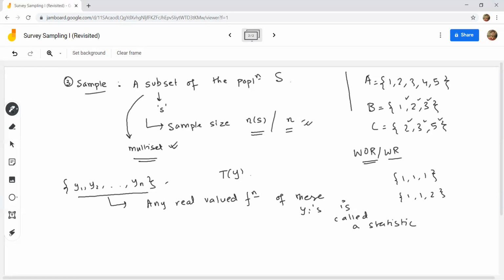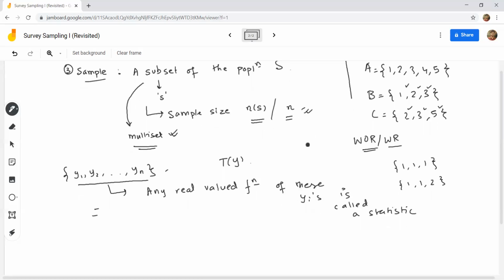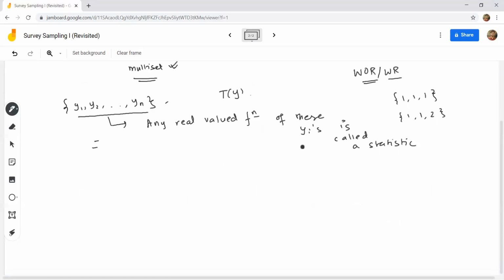So that is your main aim in survey sampling. Is it clear till now? Yes, this is clear. Okay, so till now it's more or less analogous to inference, right?